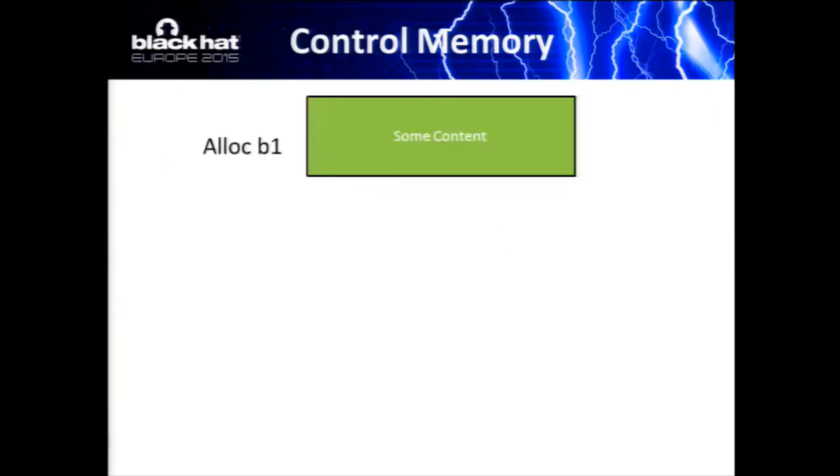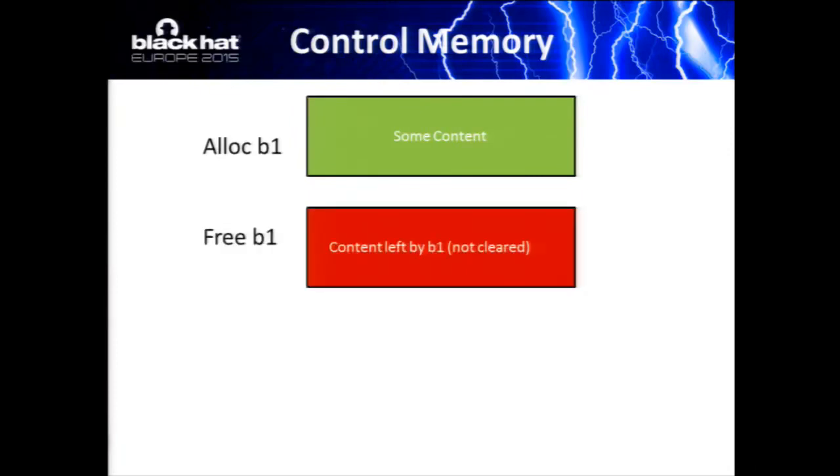First, we allocate a memory block, say B1, and fill it with the content we need. Then we free B1. Here, although B1 is freed, the content of B1 still remains because of the implementation.